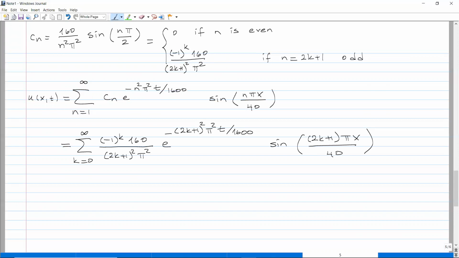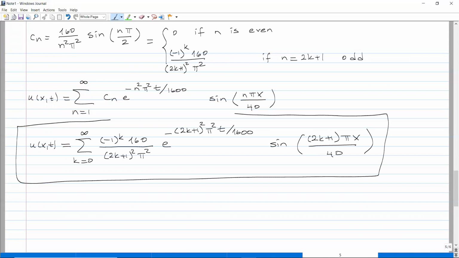So this is the solution of the given heat conduction problem.